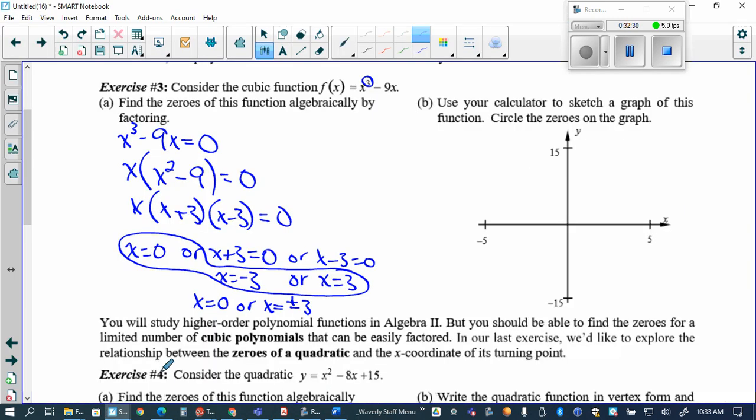So our zeros, by the way, let's mark them on the graph from our solution. We have one here at x equals 0. Where's the other one? At 3. So 1, 2, 3. There's one, and -3, there's the other one.